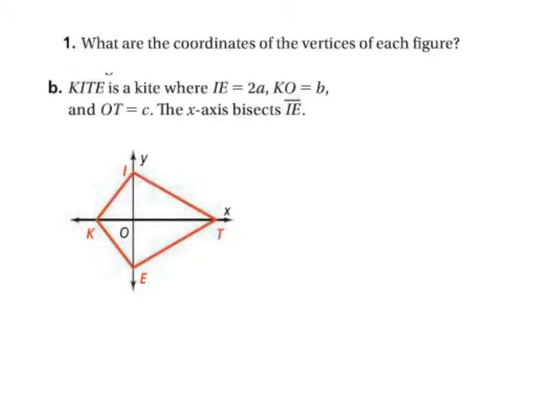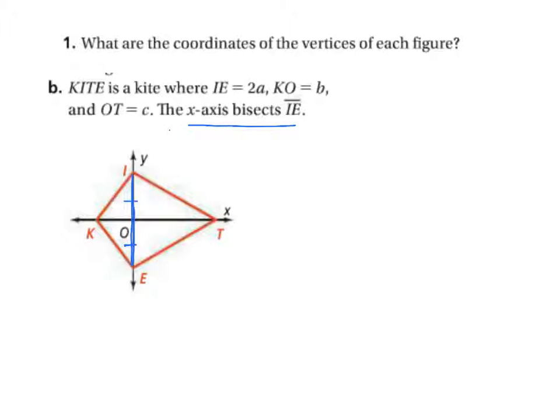Okay, let's try another one. This time we have a kite, and we're still looking for the coordinates of the vertices. Let's see what we know. IE is 2a. The whole thing here is 2a. It says here that the x-axis bisects IE, so I know that this and this will have to be equal.